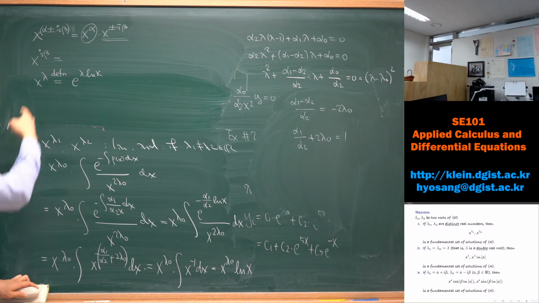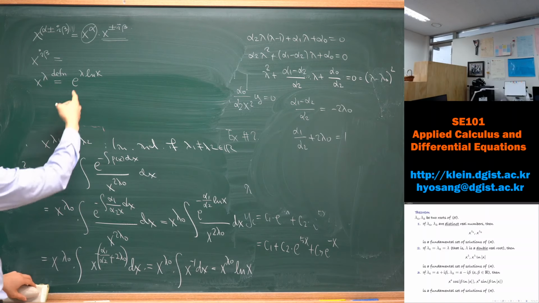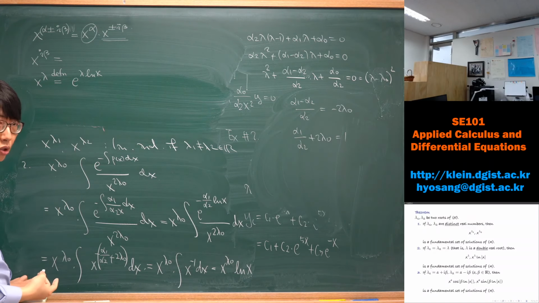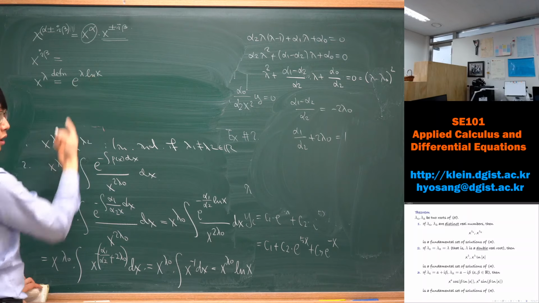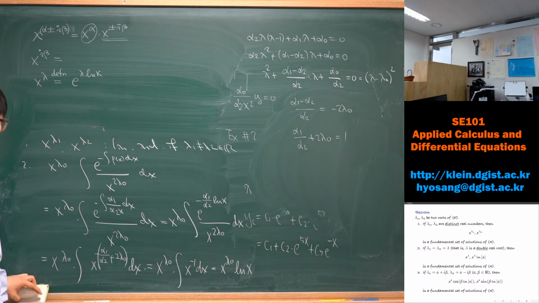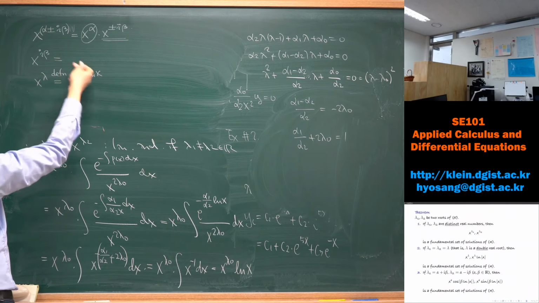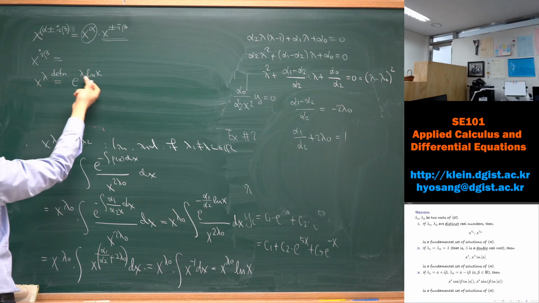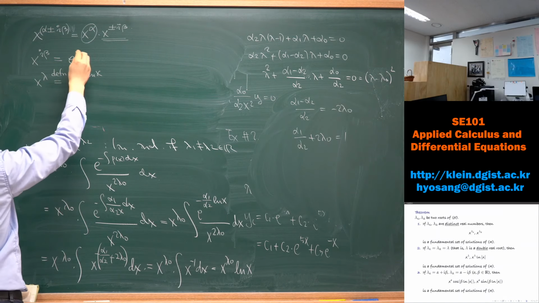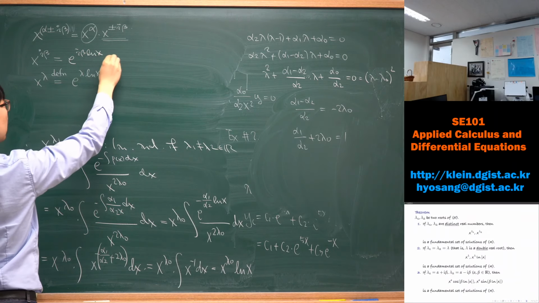When you have a real number as a power of x, then you always define it as the composition of exponential function and log function. And this matches with the property that you know. So I just plug in this I beta inside of lambda here. We have e to the I beta ln x.